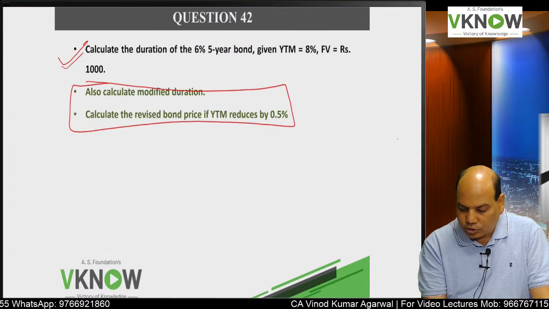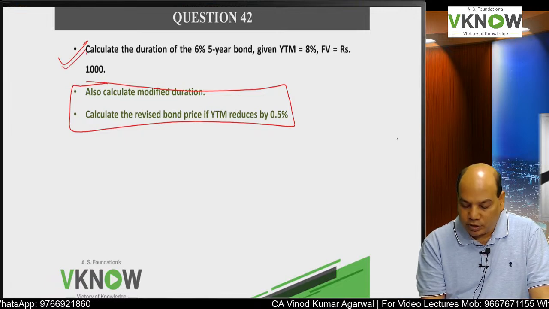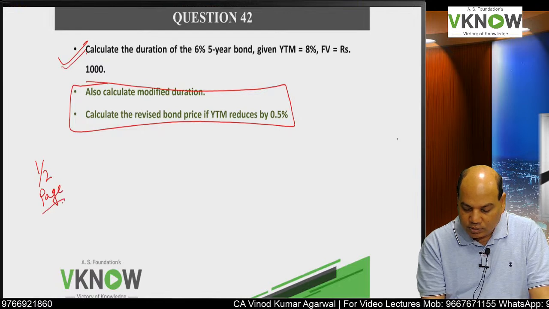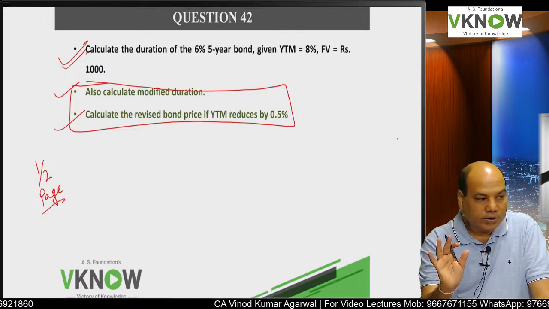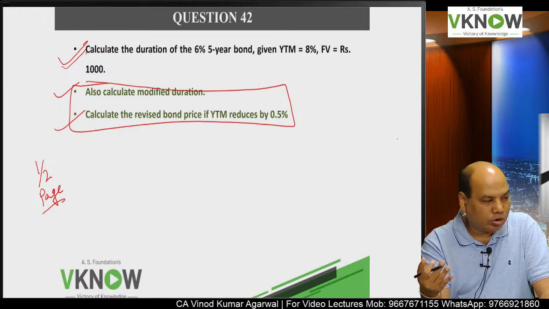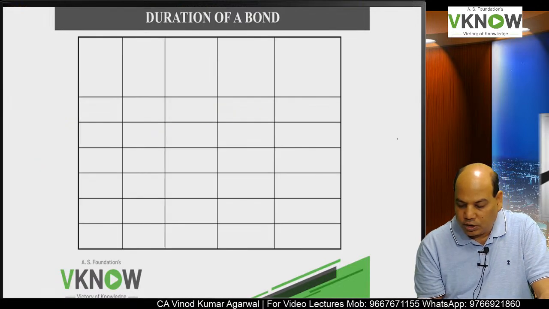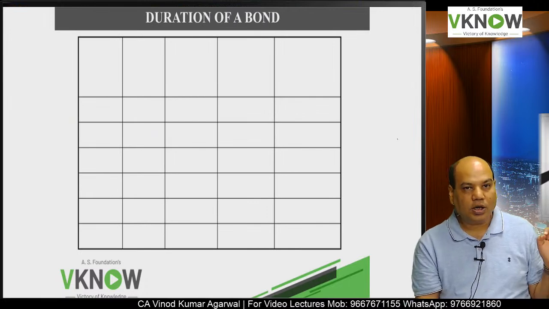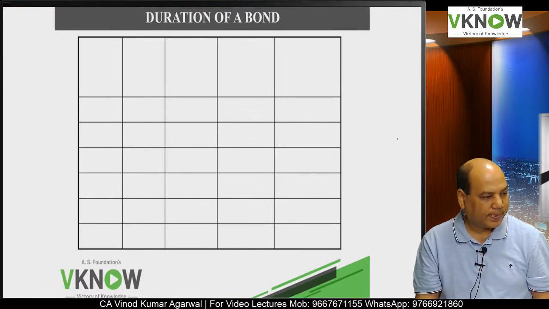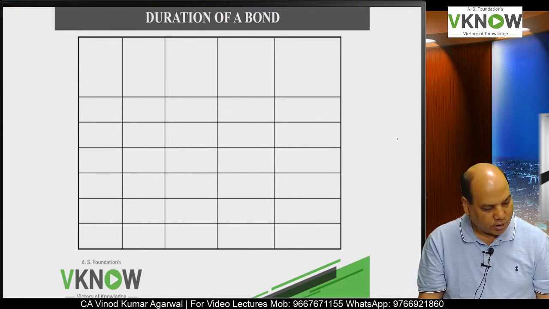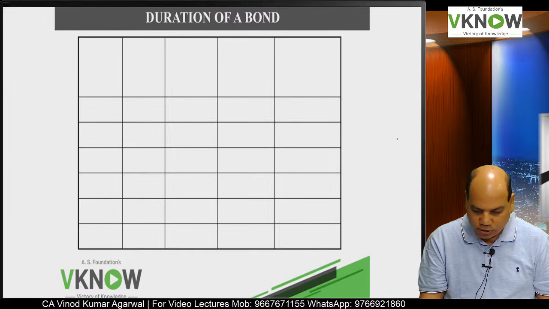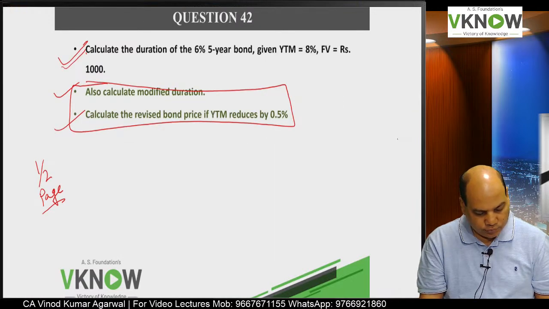First we will solve this part, and after solving this answer you will keep half page blank for these two parts. Okay, these two parts will solve a little later because we need to learn more concept. So first we are going to only see how to calculate the duration. Yes, write in the notebook question number 42.